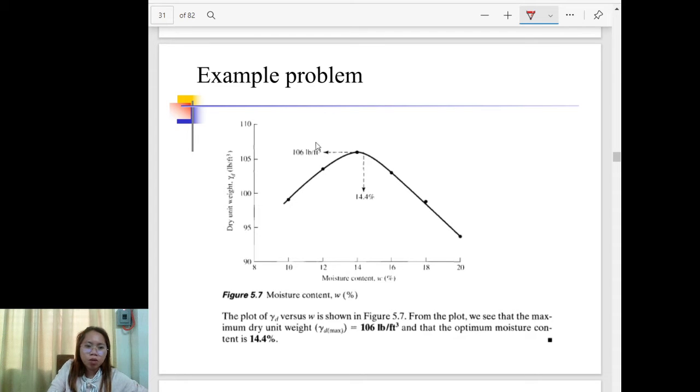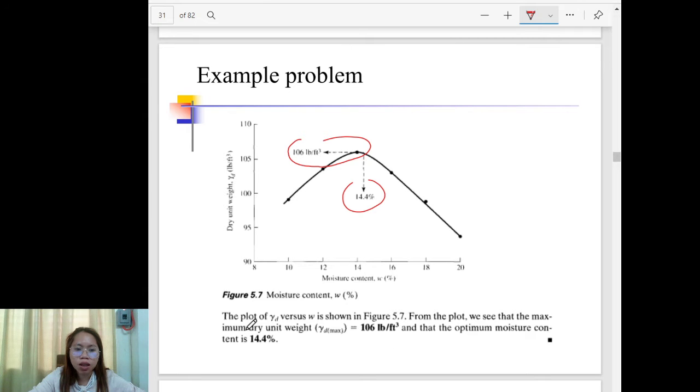So according to this graph, the maximum dry density is 106 pounds per cubic foot, and the moisture content, if you try to trace, is 14.4%. So the plot of the dry density versus the moisture content is shown in the figure.